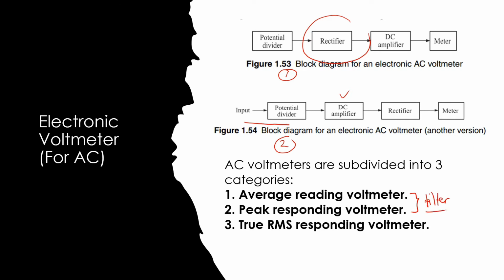You can see the discussion of these three kinds of AC voltmeter in the book on page 49. And you can see we have three kinds of circuit: peak reading voltmeter, and then peak to peak detector for the function in AC voltmeter.